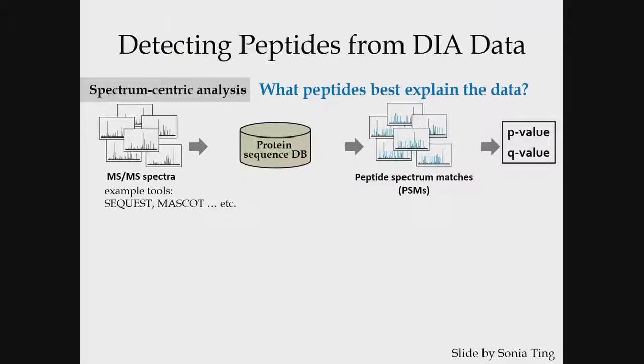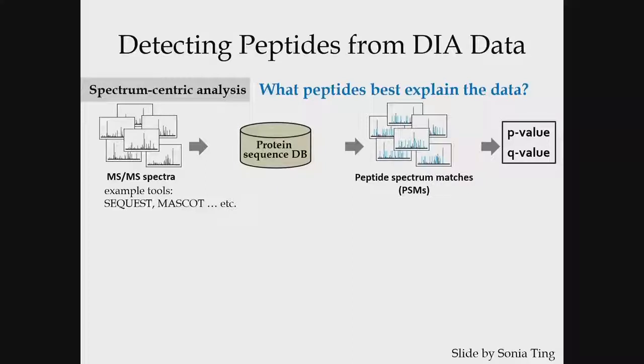Okay, so let's show this a slightly different way. We wrote this paper a couple years ago with the Aebersold lab and Dick Smith's lab. We defined a couple of terms. We said that the way most people do discovery proteomics these days, we call spectrum-centric analysis.